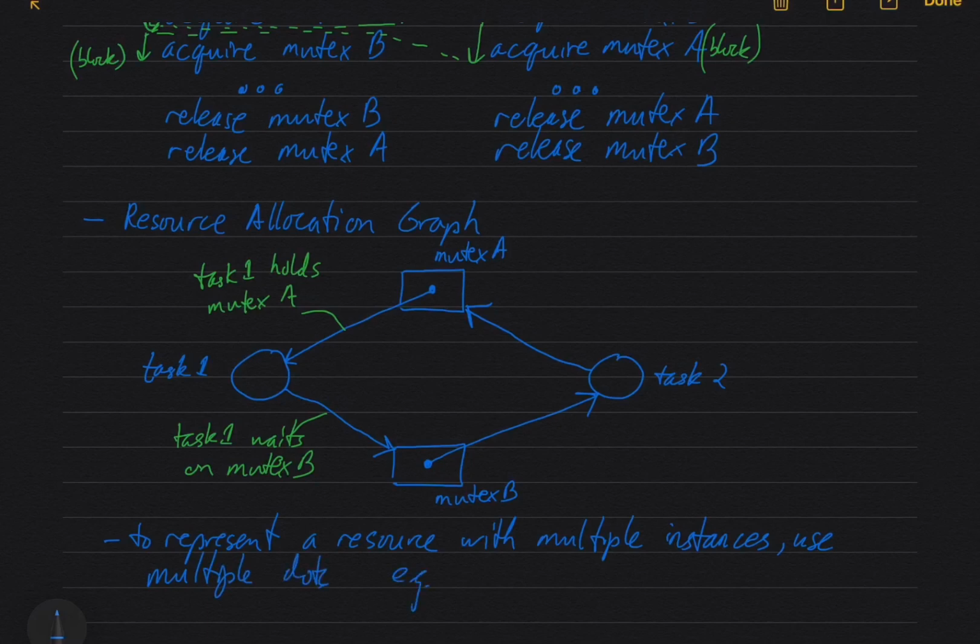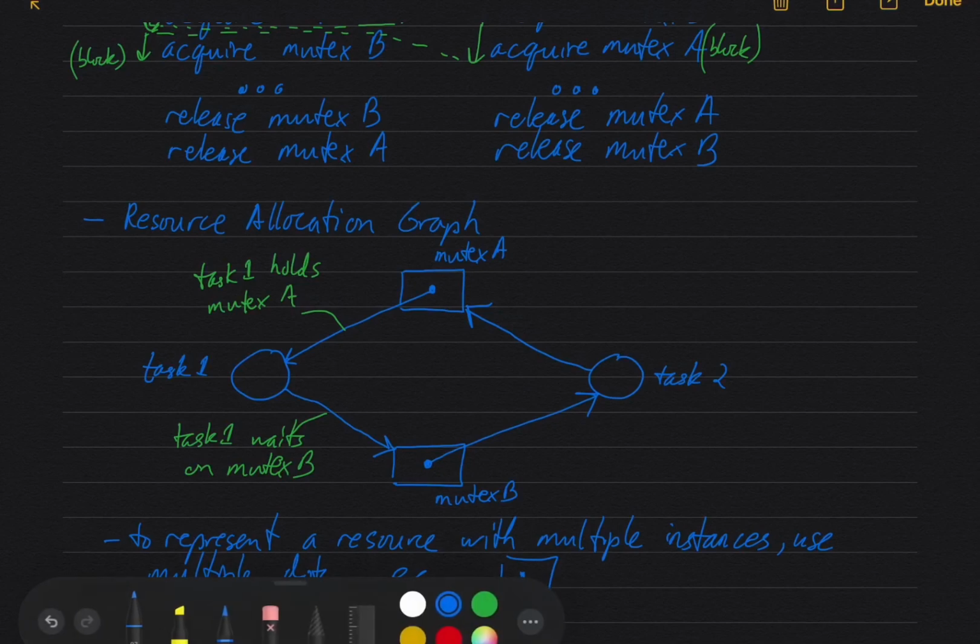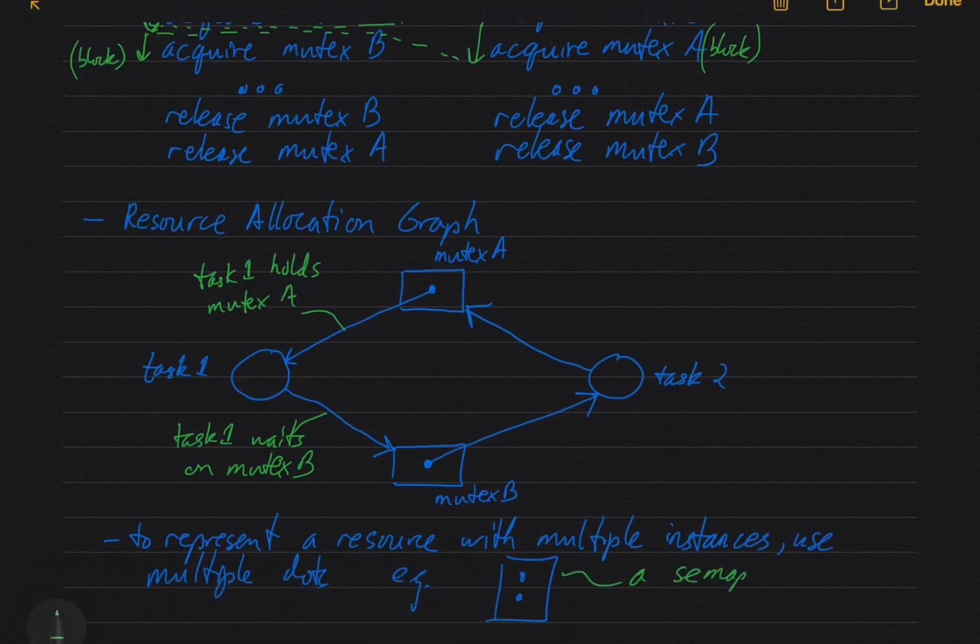So for example, here's a resource such as a semaphore that's been initialized to 2. So we're going to use these resource allocation graphs in our discussions of deadlock.